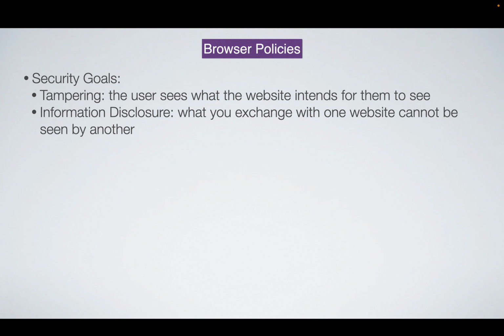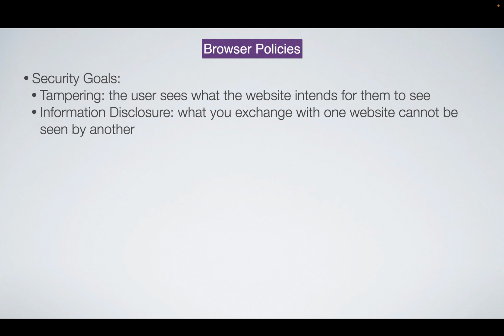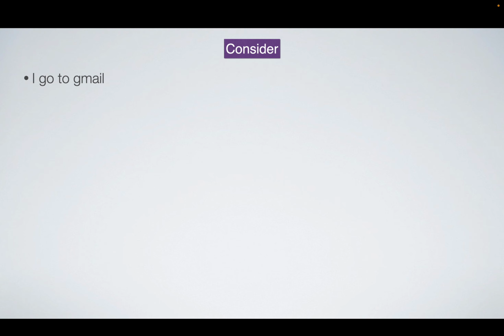If I type my username and password to log into the blog and there's a Facebook like button on the page, does that mean Facebook can read my password? The answer to that obviously should be no, but we need some policies to make sure of that, and to understand why exactly that is the case. So that will be something else that's covered. And those are the two goals.